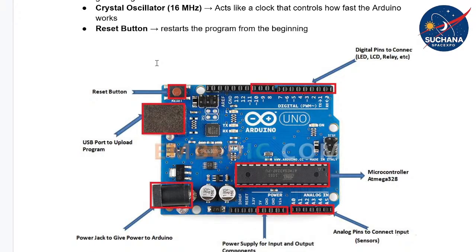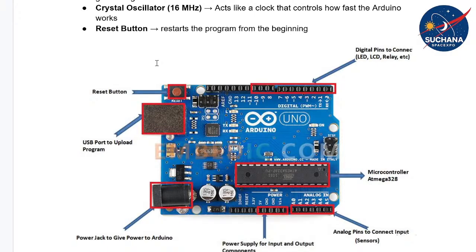Just like when a keyboard is connected to your laptop or CPU, it can access the data from the keyboard, right? There will be a data transmission between the keyboard and your system. Similarly here, if you connect a sensor, there will be bidirectional communication between the Arduino module and whatever modules you connect with it.